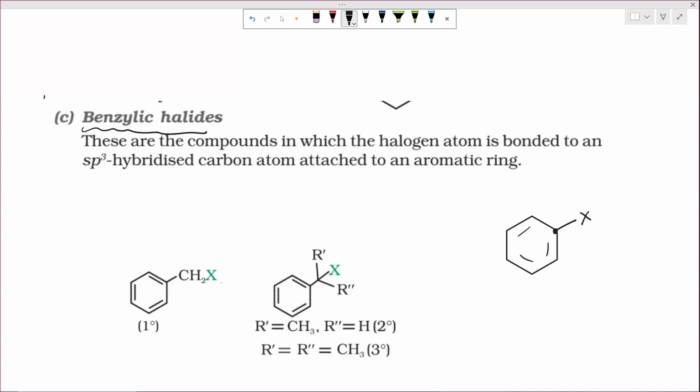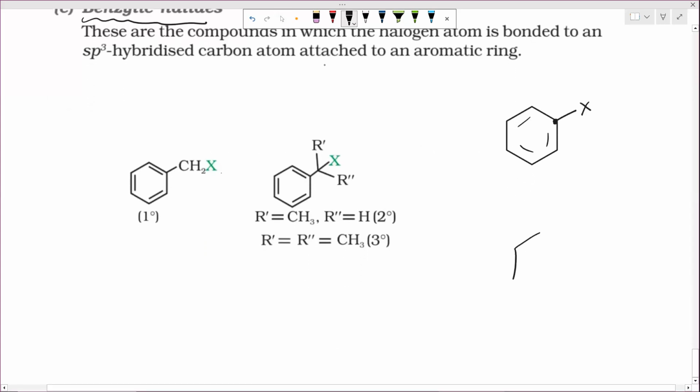But if in this benzene ring we have another carbon here, having a single bond, not a double bond, and to this we attach another halogen group, then this carbon is sp3, because it makes four single bonds, one with hydrogen, one with hydrogen.